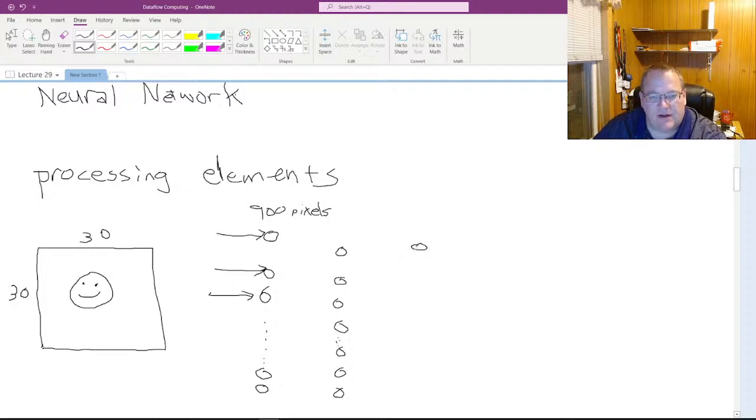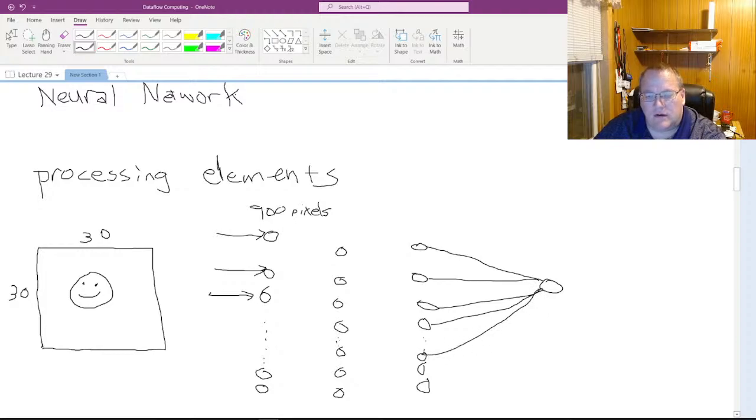And then there's another one, and this second one here is going to have the exact same size. Oh, and all of these go here to our output. And this is our output.